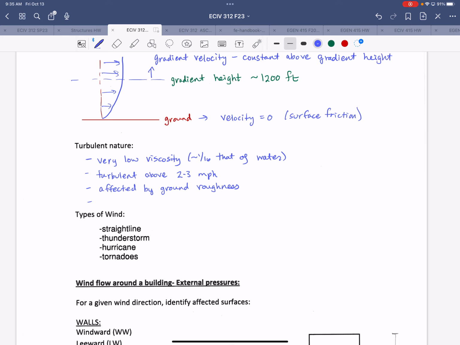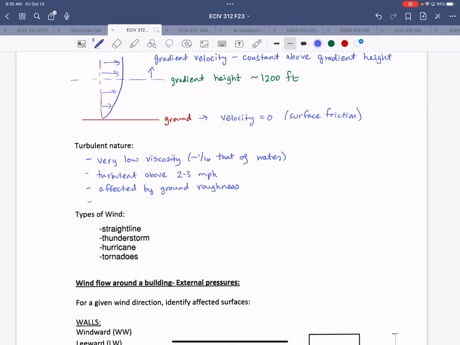And that turbulent nature tends to generate gusts. So you can have very large gusts, and they will act in concurrence with smaller eddies. The effect of that is really a dynamic response on the structure's part.